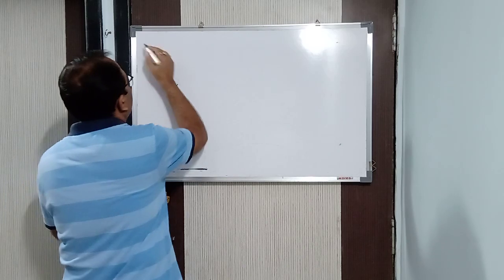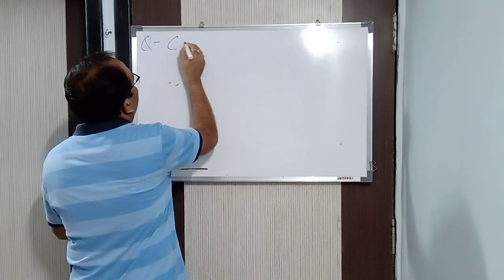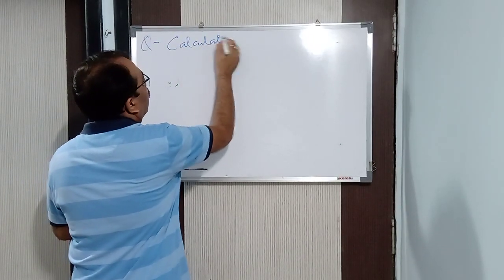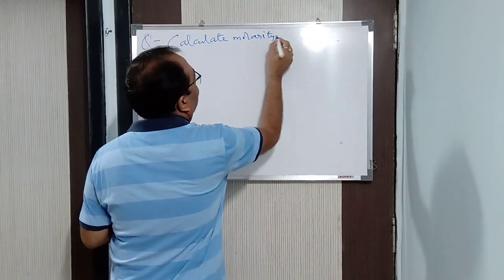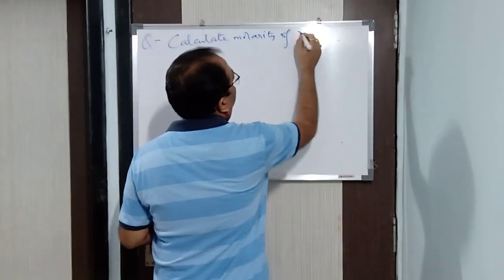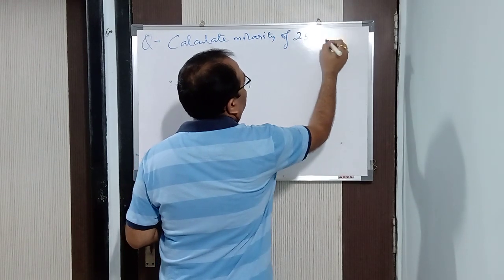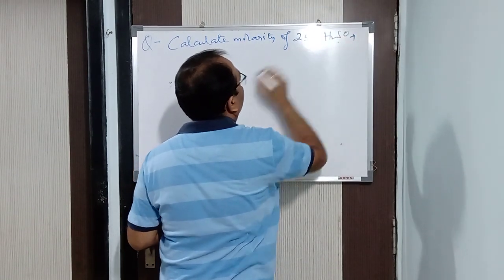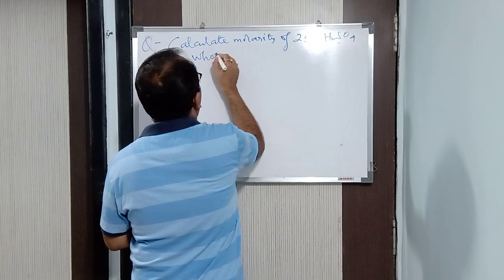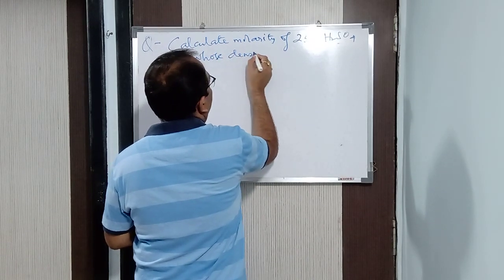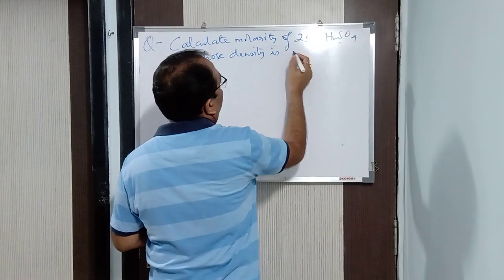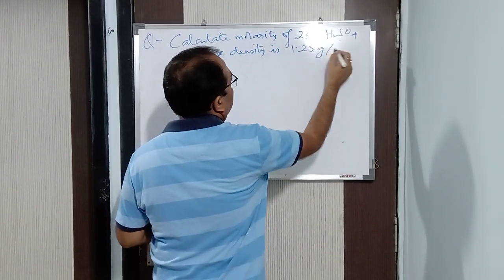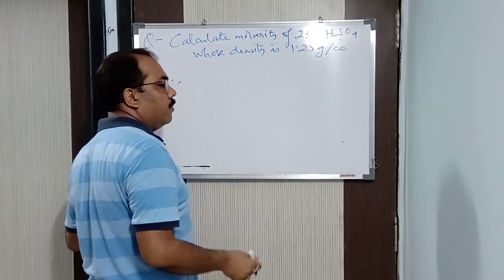Suppose I have given you a question: calculate the molarity of 23% H2SO4 whose density is 1.25 gram per cc. Cc means ml. 1 ml is 1 cc, centimeter cube.